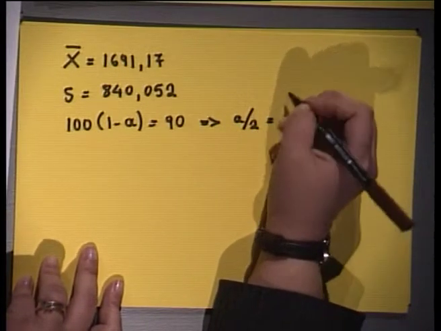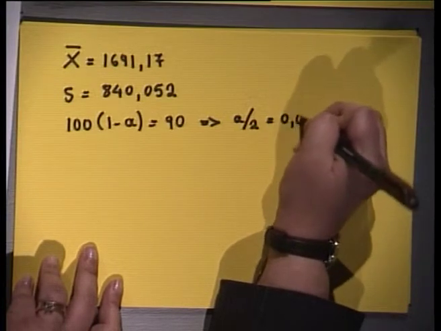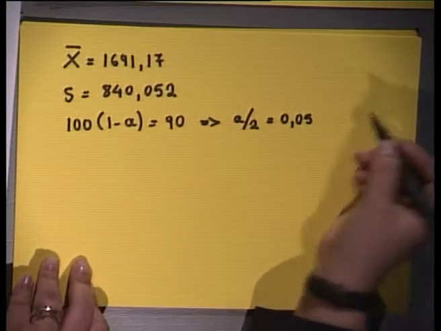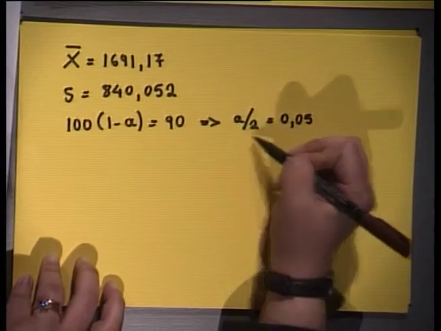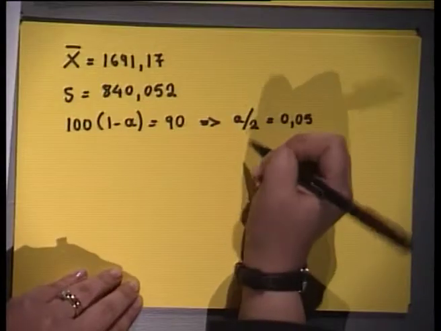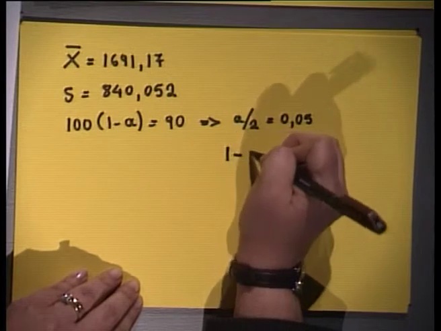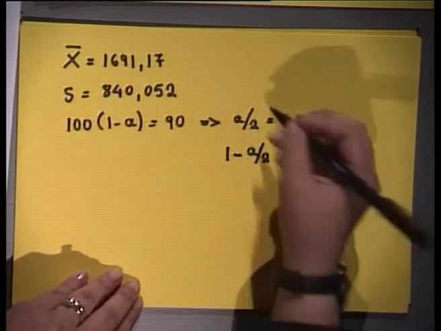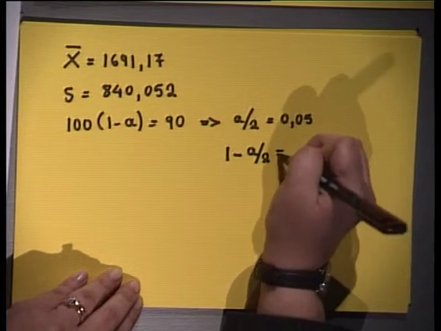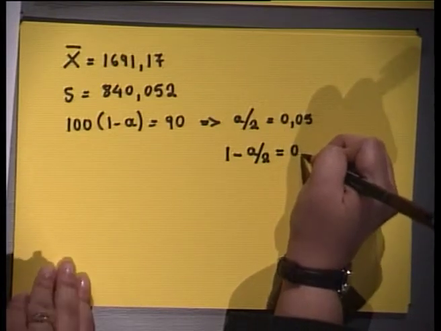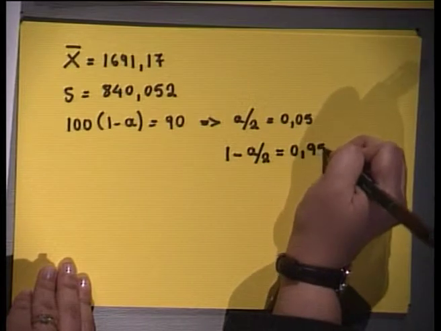a over 2 is 0.05, and also now, as we said before, the chi-square distribution is not symmetrical, so we look at the a over 2 point of the distribution, but also at the 1 minus a over 2 point, which would be equal to 0.95.